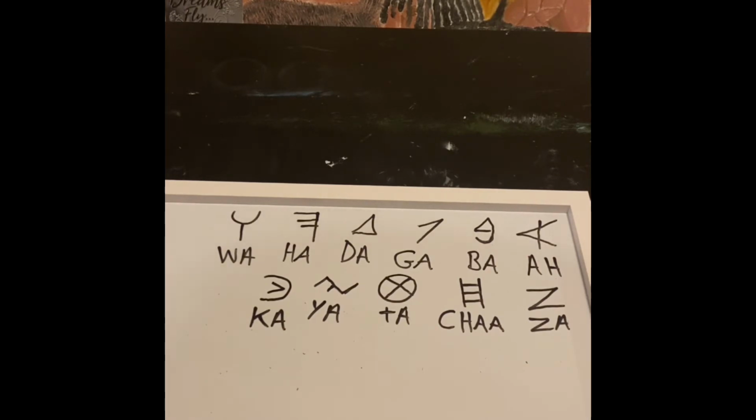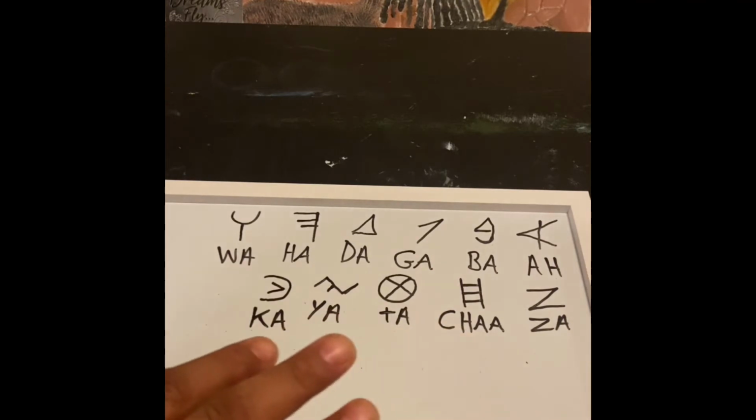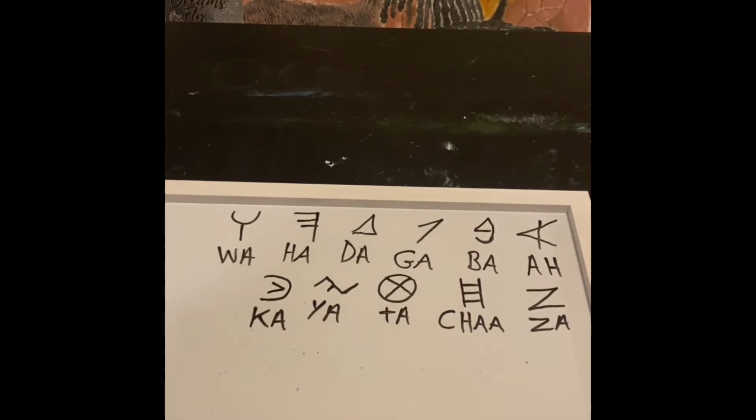So we can say Ka and Da, Kada. I don't want to make words, so let's just say the character Ka, open door. You know what I'm saying? So you have the Ka and the Da. Could be open door or open tent door, right? Or opening to the pathway.